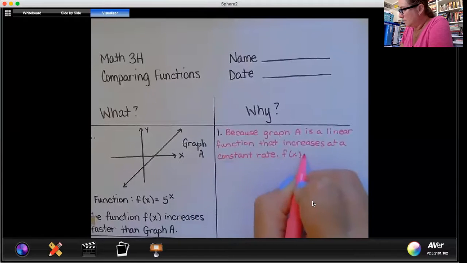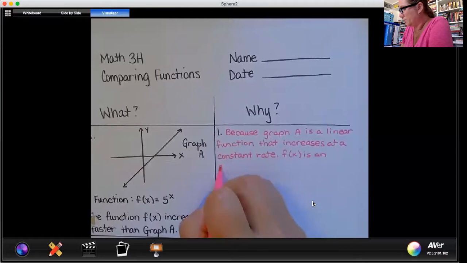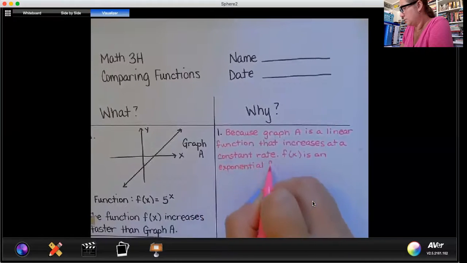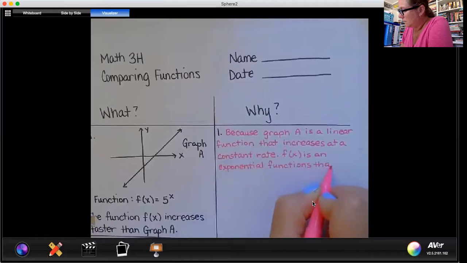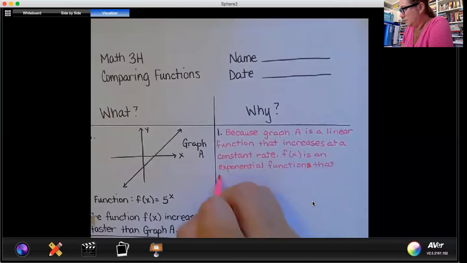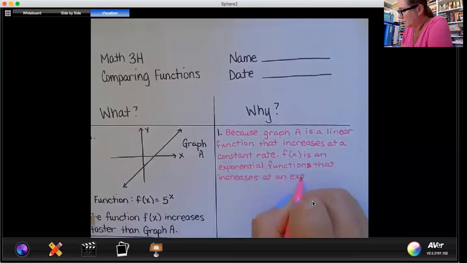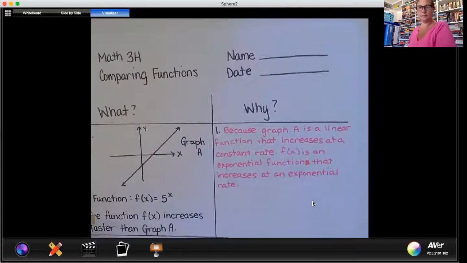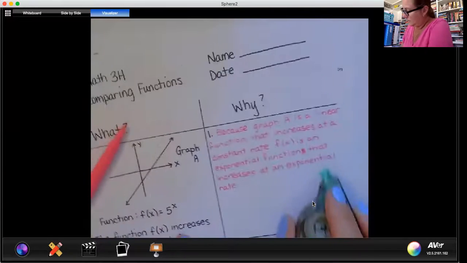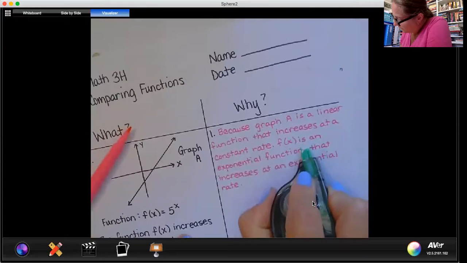F of x is an exponential function that increases at an exponential rate.